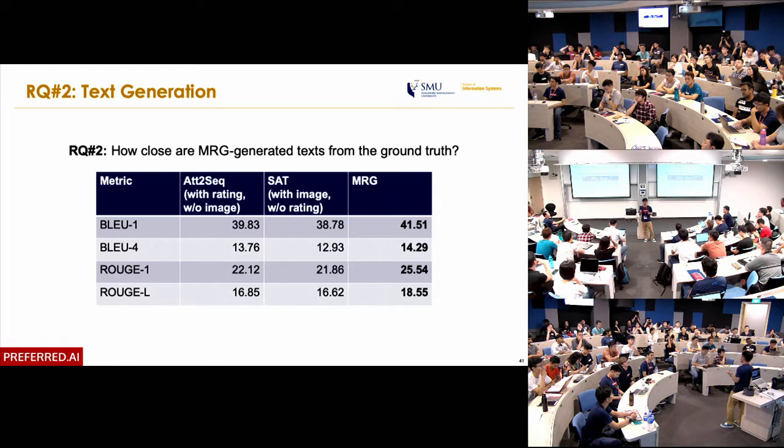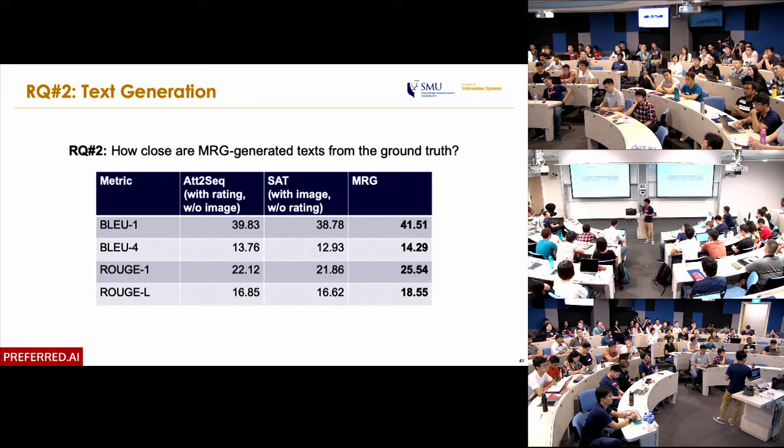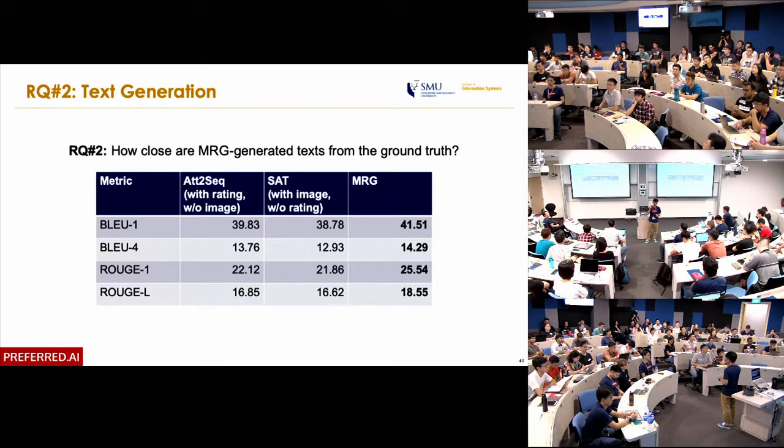The second baseline is an image captioning baseline, which generates text based on the content of the image without knowing the user, item, or rating scores. From the results of our experiments on our data set, we see that our model can leverage the 2 sources of information efficiently, and it generates text much better than the other 2 baselines.